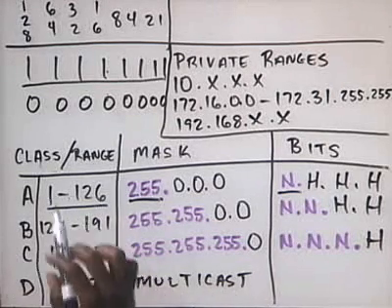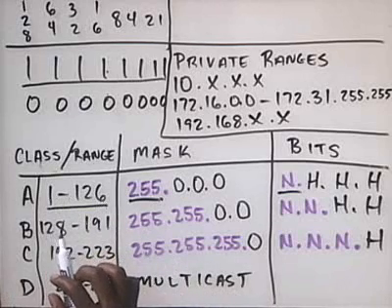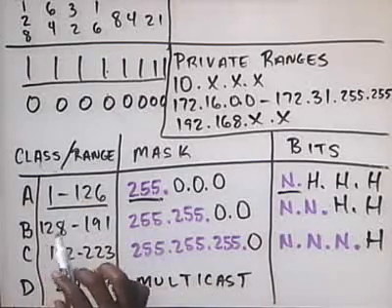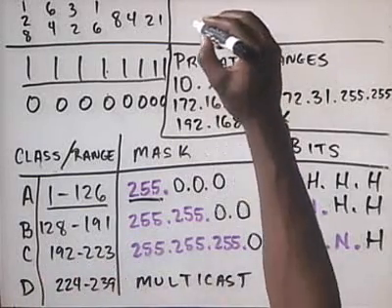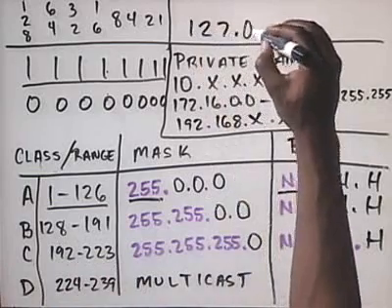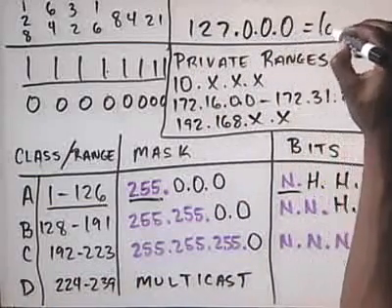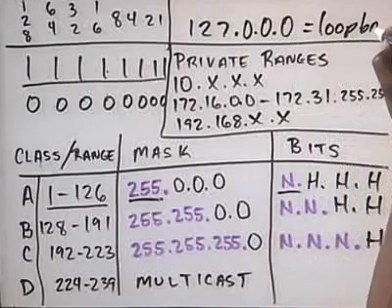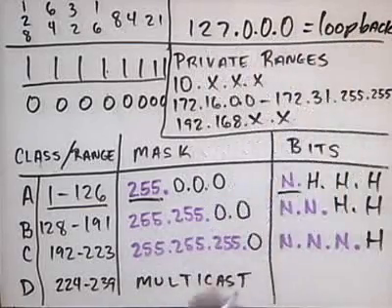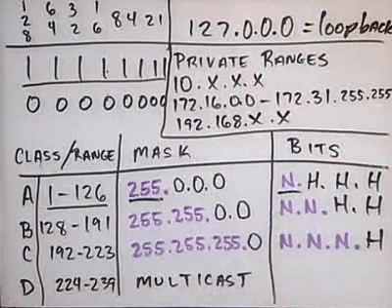Note, over here, we skipped a number. We've got 1 through 126, and then we go right to 128. The 127 is reserved for loopback testing. This is for testing your TCP/IP protocol configuration on a particular device.